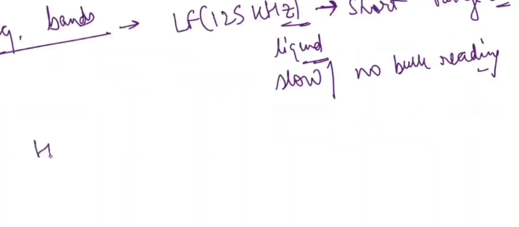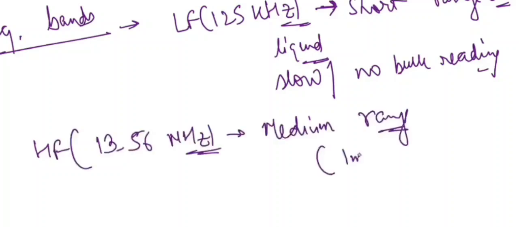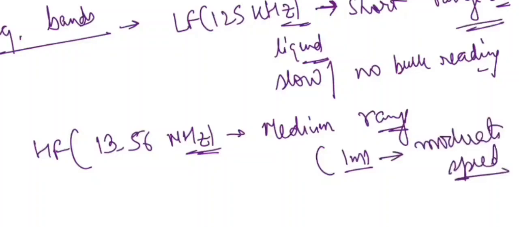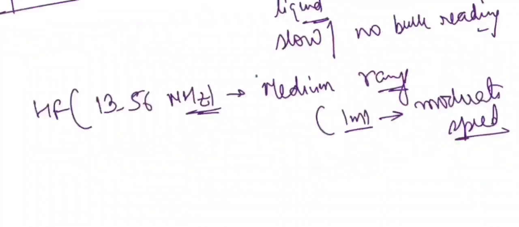Then we have the HF. HF means 13.56 megahertz. They are of medium range, up to 1 meter. Before it was just centimeters, now it is up to 1 meter, and the speed is moderate. The third type we have is called UHF.